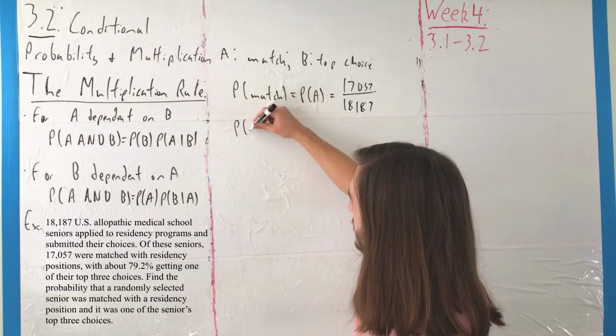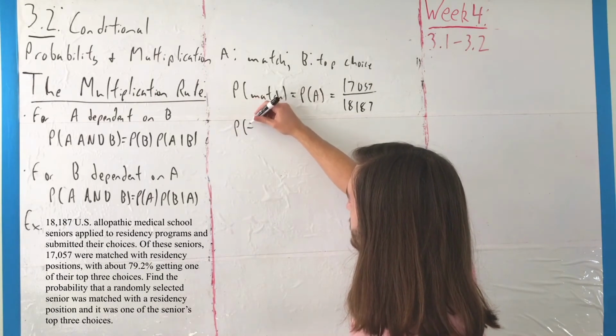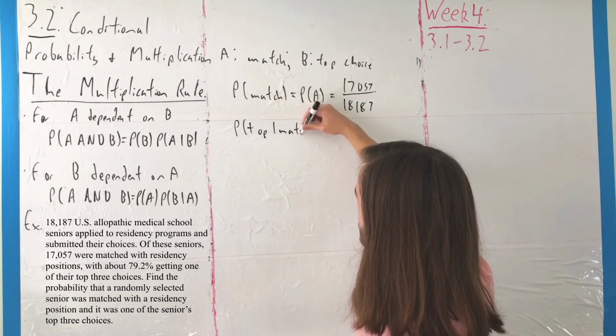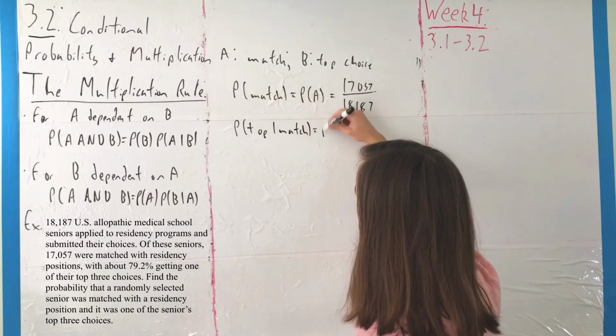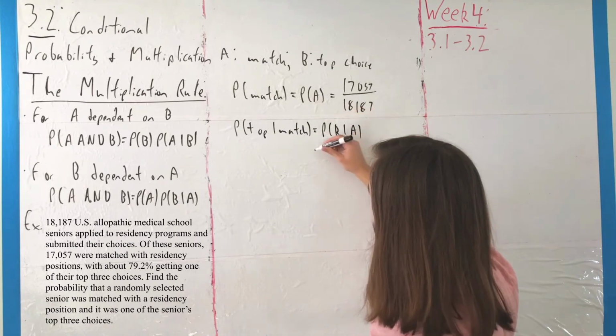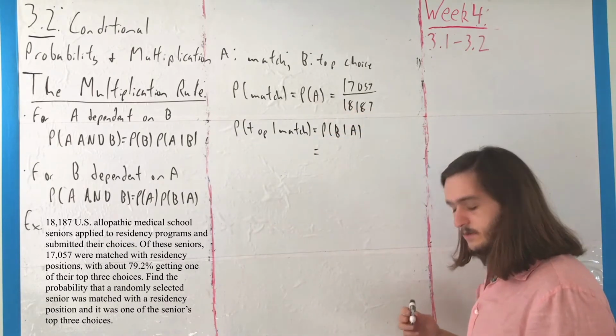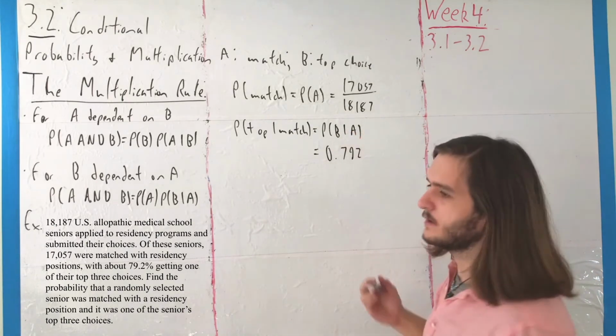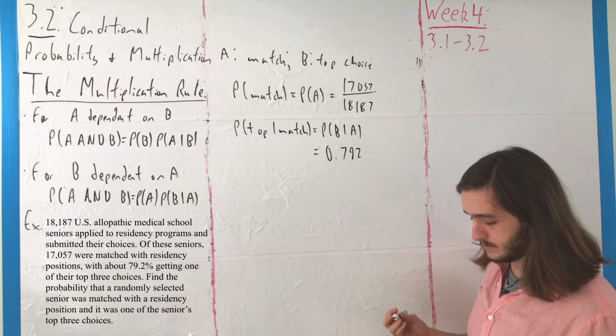From there, the probability of a top choice given the match would be P of B given A in this case, and that is our given percentage of 79.2, which is 0.792 as a decimal.